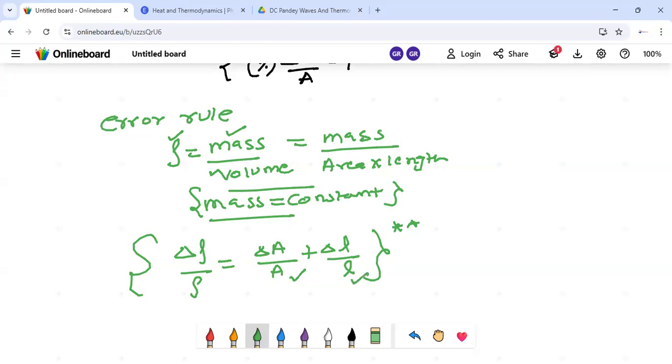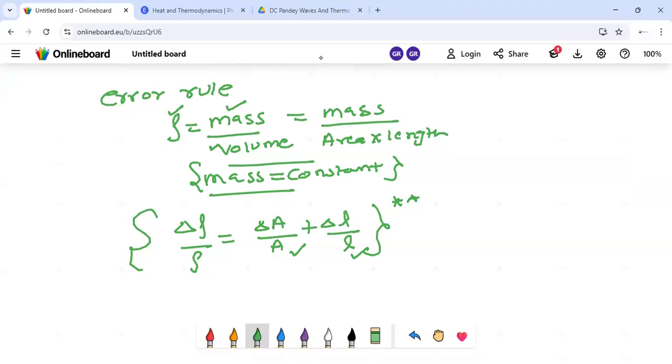These two will decide how much will be the error in density. Is this point making sense to all of you? I'm not just explaining to Shri or one or two students, I'm explaining to all of you. That's why I've taken this question in class. I would have also explained the same thing on WhatsApp itself. Are we clear with this?